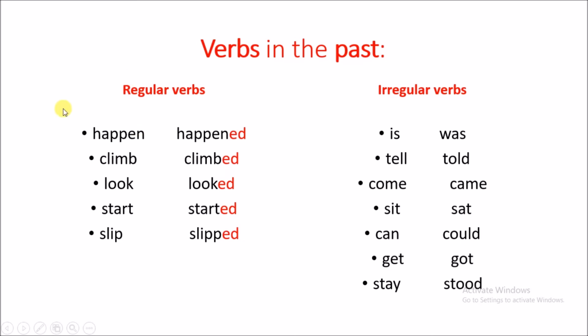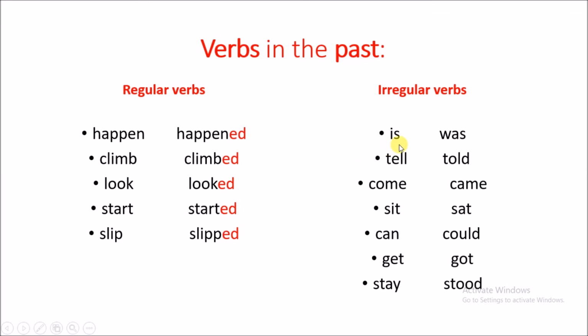On this side, as you see, you have regular verbs ending in ed, and on the other side you have irregular verbs, and you see that irregular verbs change their form in the past. The only way to learn them is by heart.